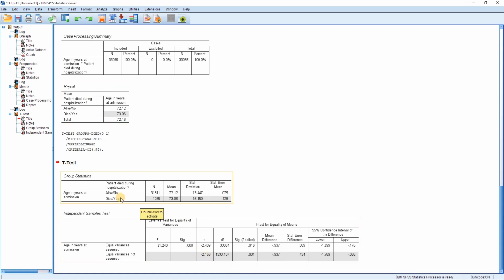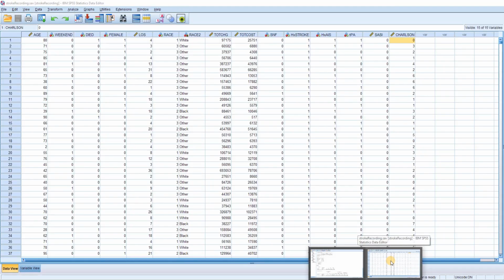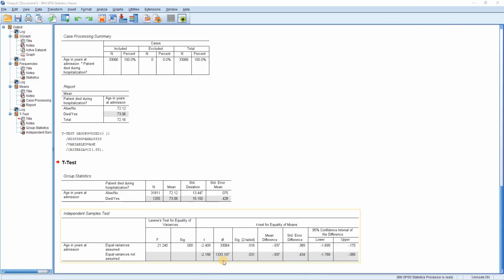So going down to our independent samples t-test, we are seeing that our Levene's test for equality of variances is significant, so we will go ahead and assume that the variances are not equal, and look at the line here.